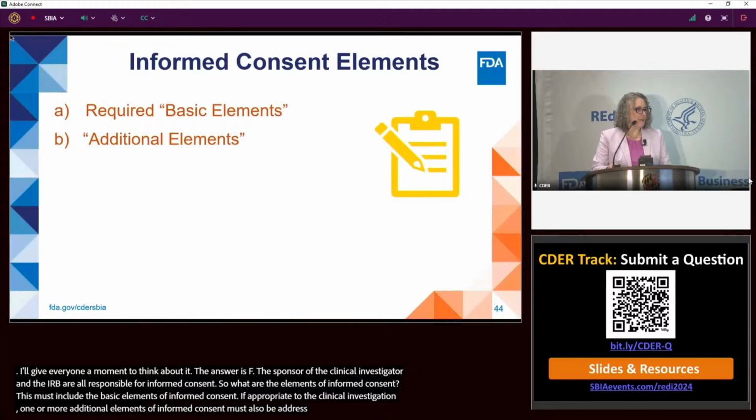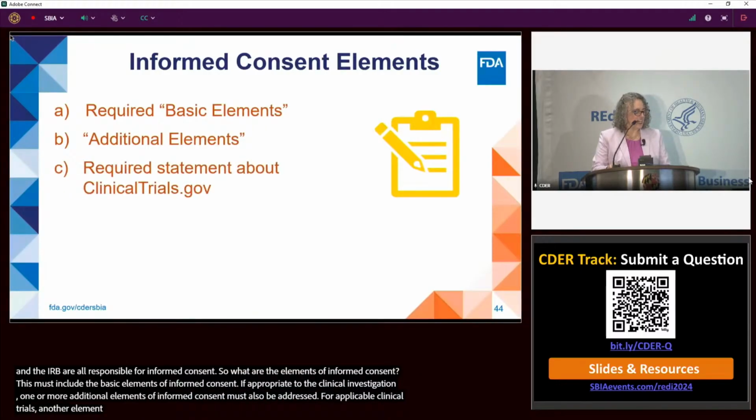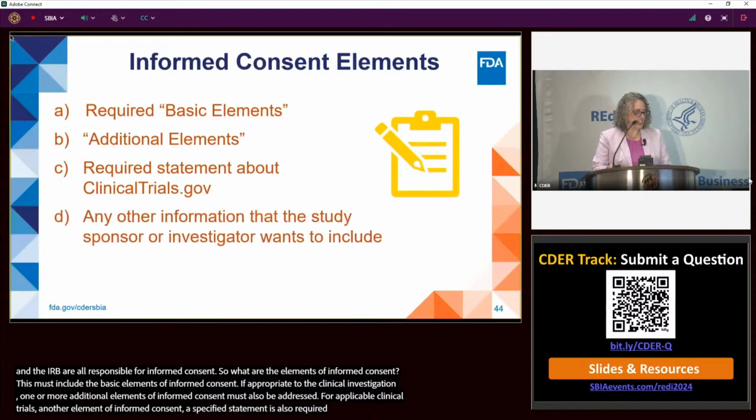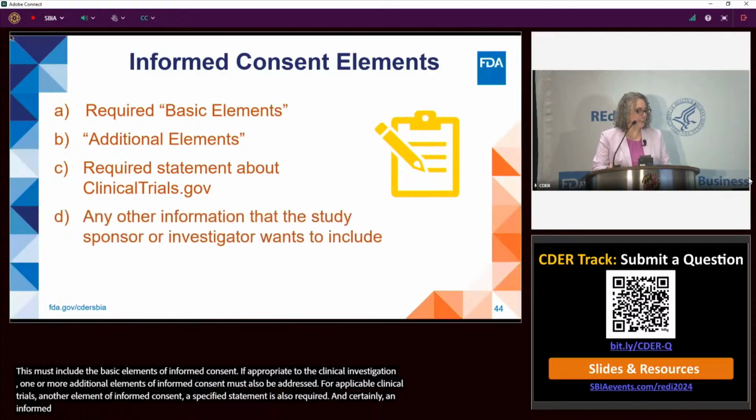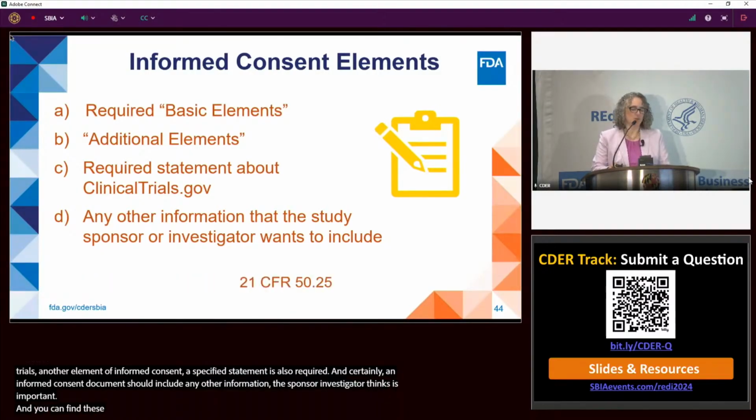For applicable clinical trials, another element of informed consent, a specified statement regarding clinicaltrials.gov, is also required. And certainly, an informed consent document should include any other information the sponsor or investigator thinks is important to include. And you can find these at 21 CFR 50.25.